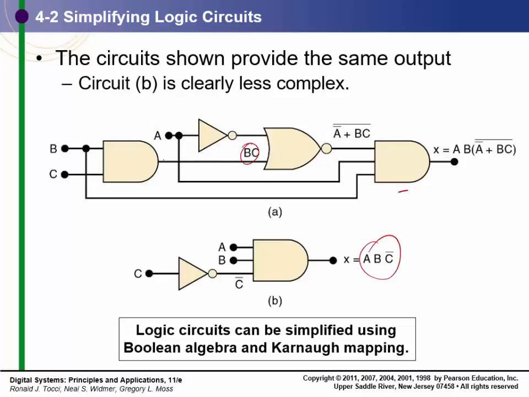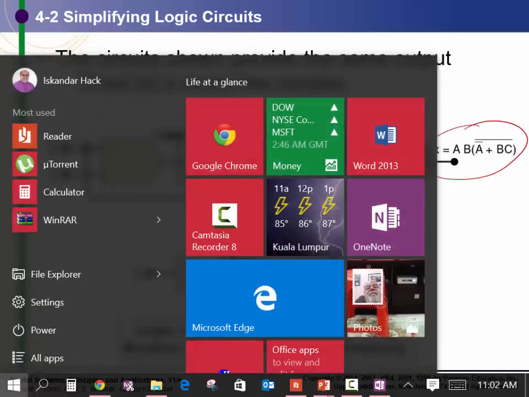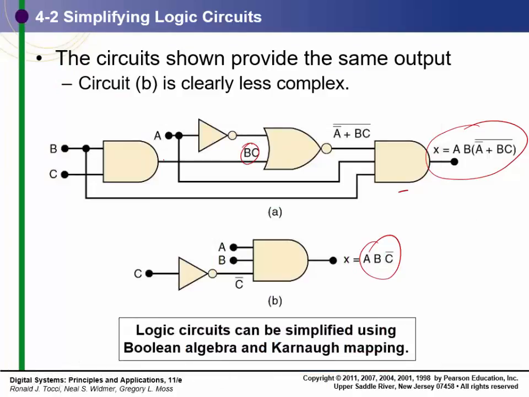This one here is ABC. This is the simplification, but again, what we're showing here is what the circuit is, and through simplification they determined the result.